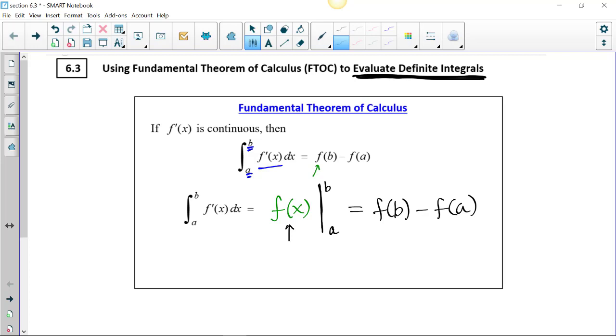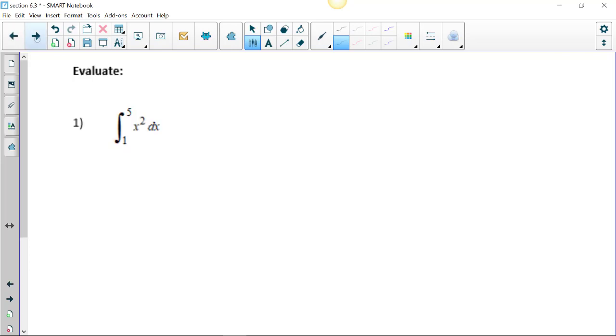Okay, so let's look at an example. The definite integral from 1 to 5 of x squared, which remember, will evaluate out to be a number. It could be positive, it could be negative, it could be 0. It would represent the area between the graph of x squared and the x-axis, because x squared is positive on the interval from 1 to 5.